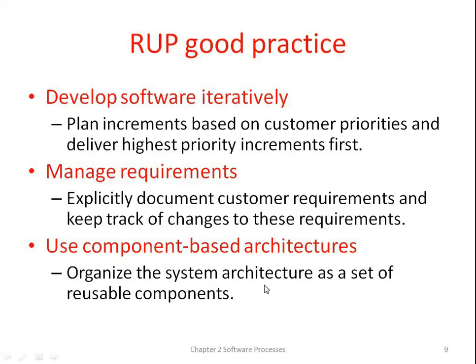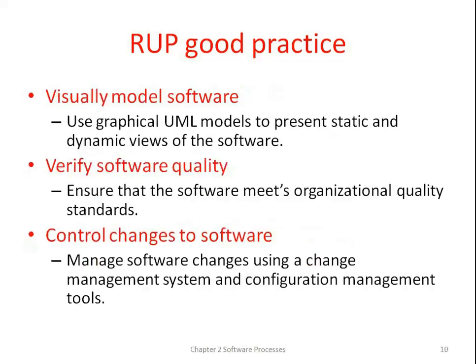So you know the software components are already used in other systems, so you can use those software components once again for building the product. Next, visually model the software: use graphical UML models to present static and dynamic views of the software.